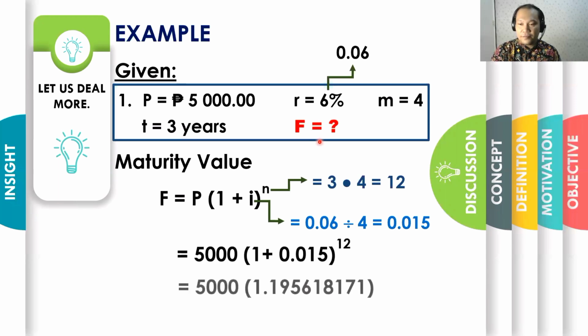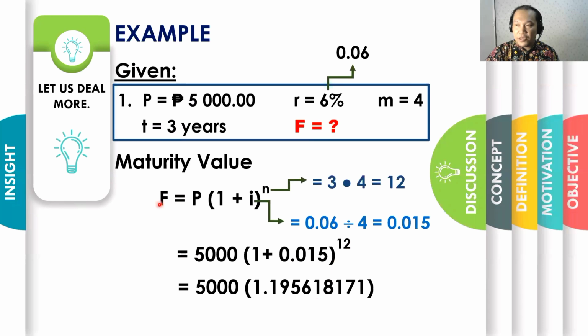By substitution, we have 5,000 times the quantity (1 plus 0.015) raised to 12. How were we able to get this value? Simply add 1 plus 0.015 raised to 12, and this will be the result.